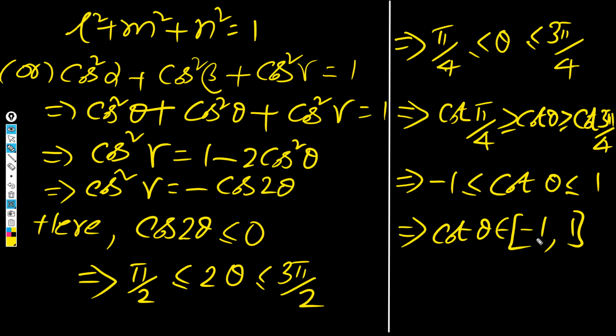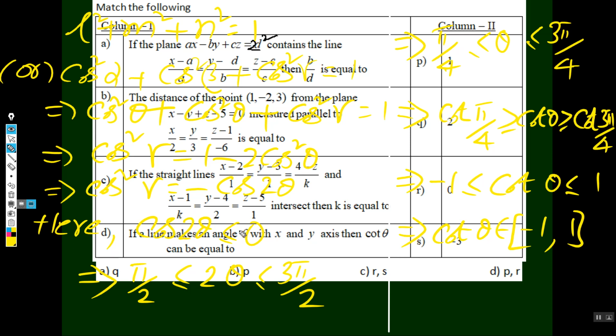So cot theta can be, he asked. Whatever cot theta is there, if it lies between minus 1 and plus 1, that will be the answer. Let us check it out. Here, if a line makes an angle theta with x and y axis, then cot theta can be, this is 1, which is there in the options. You can see that 1 is there, and minus 1 is also there, but here you don't have minus 1.